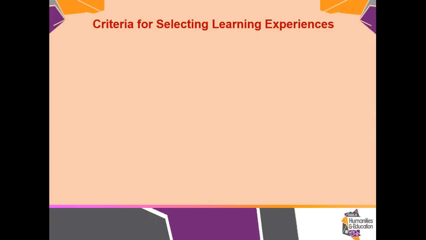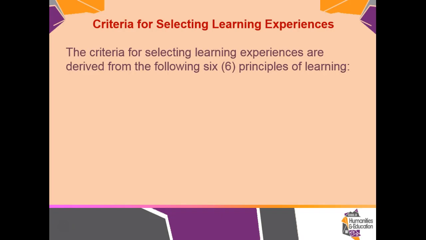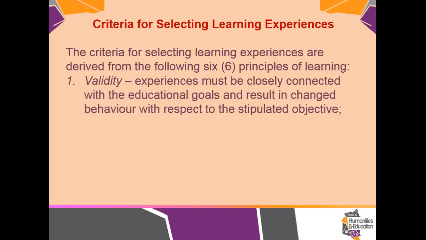We shall now look at the criteria for selecting learning experiences. The criteria for selecting learning experiences are derived from the following 6 principles of learning, and they are as follows. The validity. Experiences must be closely connected with the educational goals and result in change of behavior with respect to the stipulated objectives.